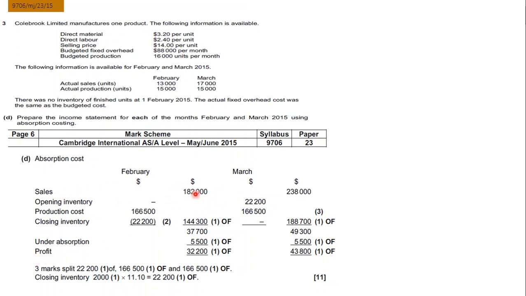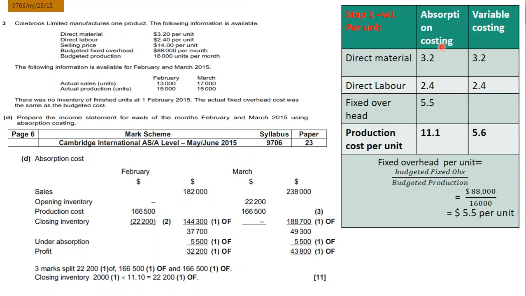So sales, you can easily understand how it came. So you'll have to calculate the production cost per unit under this same technique. You should do it in your working note. This is your production cost, 11.1 per unit. So now if you look here, sales less cost of sales. Cost of sales: the opening stock.